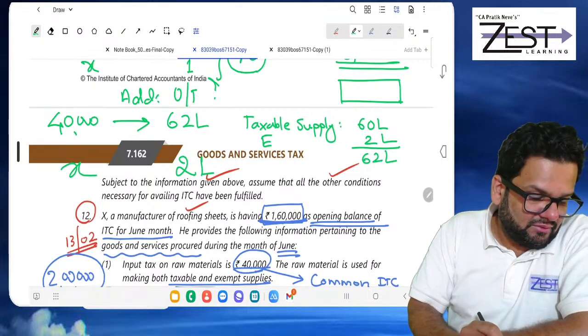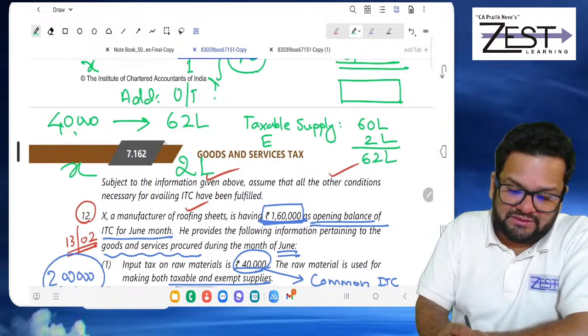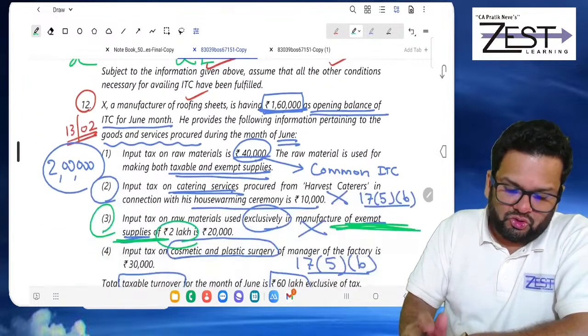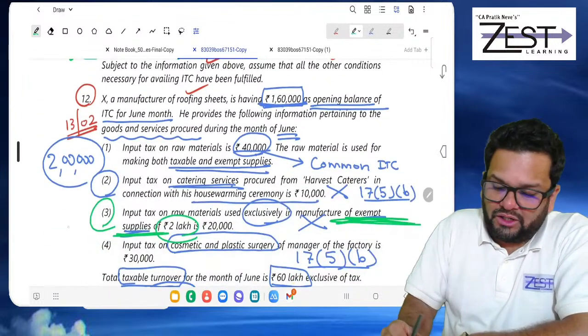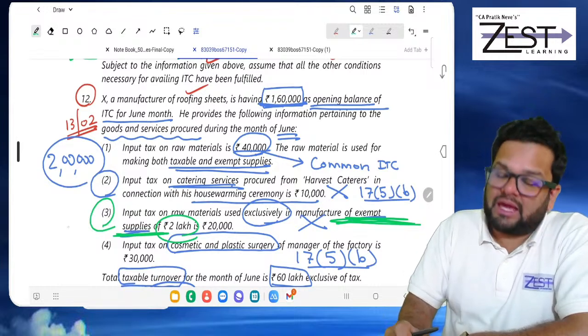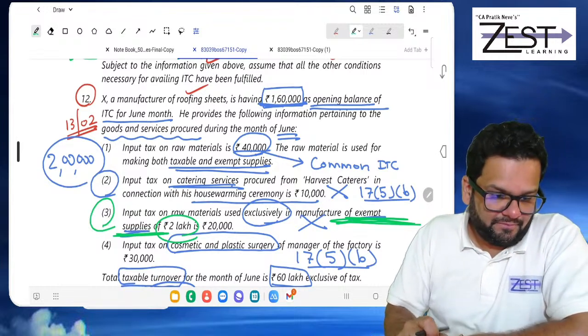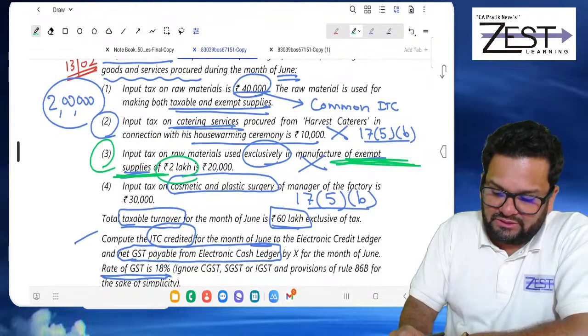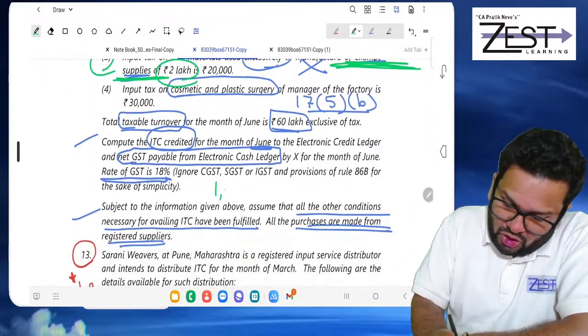Are you getting 1290? So do you agree that 1290 cannot be allowed? 1290 should not be allowed.